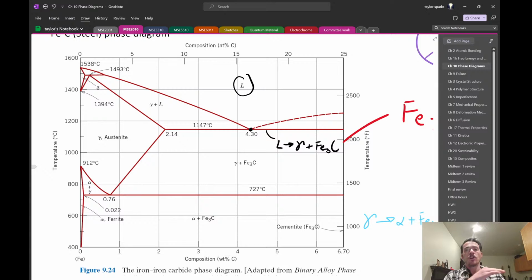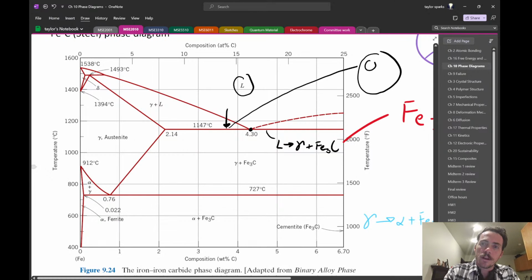But technically, anywhere along that line, if you have liquid left over, so for example, if you're coming down right here, just above that line, we could do the lever rule. I'm just eyeballing it, but it looks like about 3/4 of your material will be liquid at that point. So if we were to zoom in and draw a little sketch of that, it would look like 3/4 liquid with 1/4 solid, and the solid is this gamma phase.